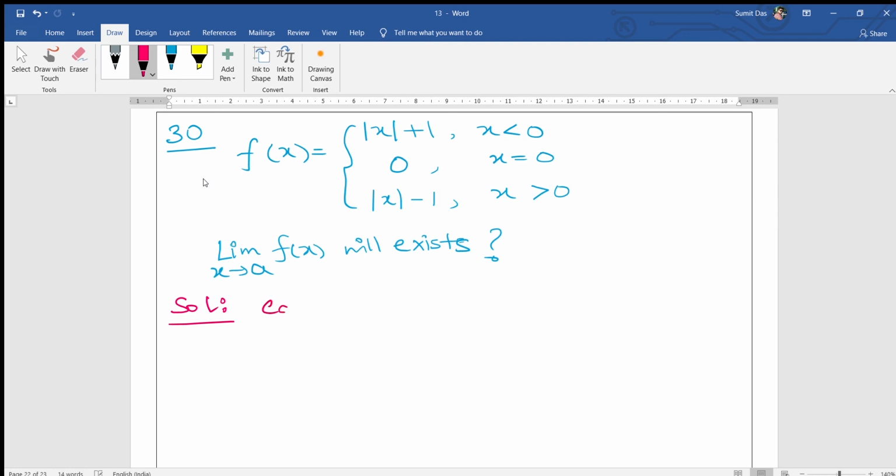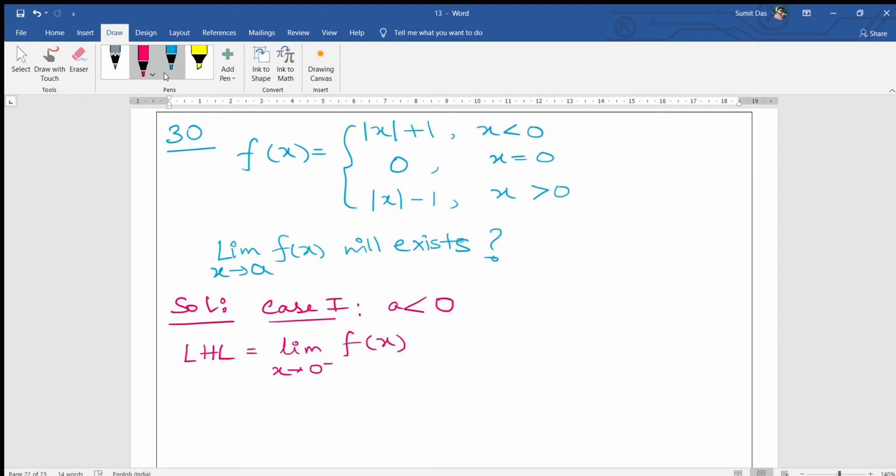Case 1, when a greater than 0. Okay, start with negative, not positive. No problem. When a less than 0, so the left hand limit will be equal to limit x tends to a minus of f(x).